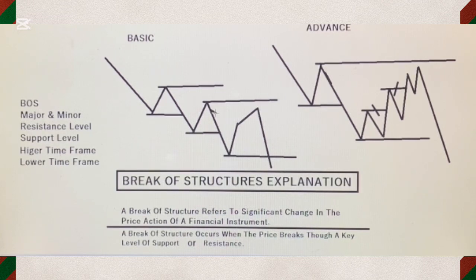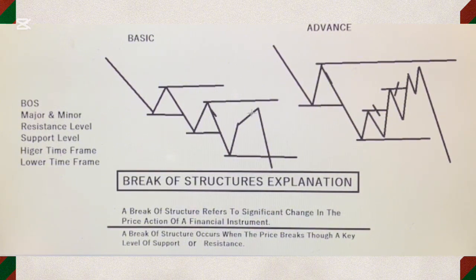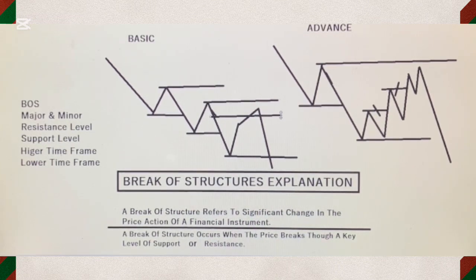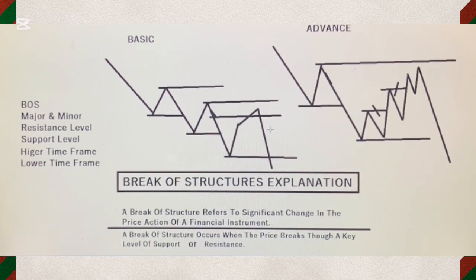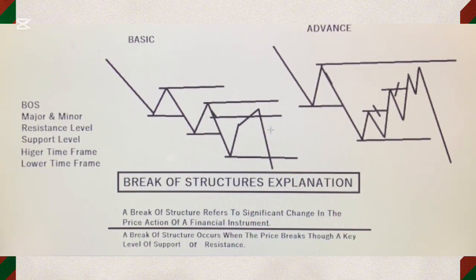By getting our order block right here. By getting our order block, the market will reverse and we are going to risk a few pips and make maybe 5 times that in the market. Break of structure is a signal of reversal of an existing trend.